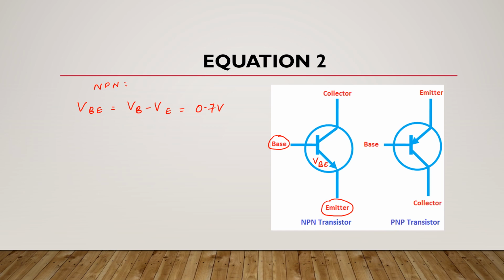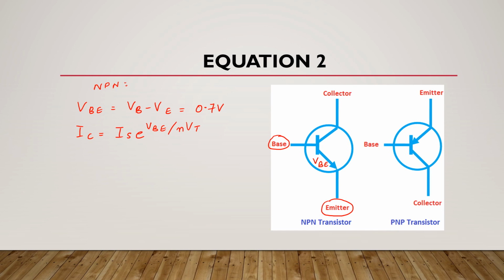So in this case the equation of collector current will be IC is equal to IS e raised to the power VBE divided by NVT. As you can see, this equation is similar to the current equation of a diode.